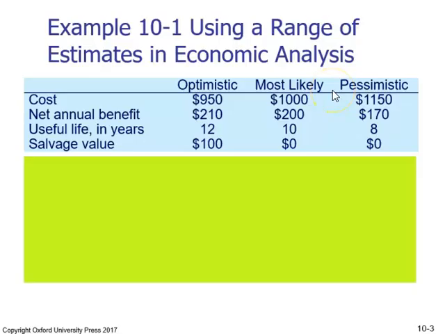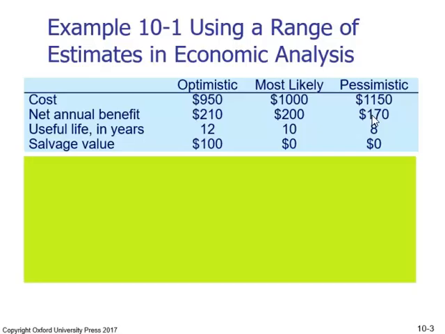Pessimistic is the worst case scenario. So, of course, for cost, the best case scenario is the cheapest one, as you can see, and the worst case scenario is the most expensive. Net annual benefit, on the other side, optimistic is the highest one, so you see 210.